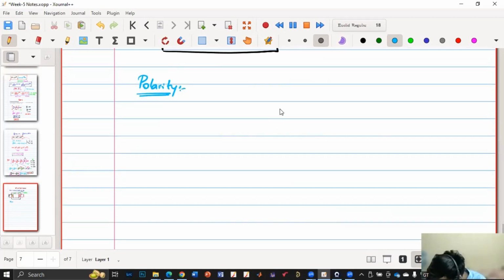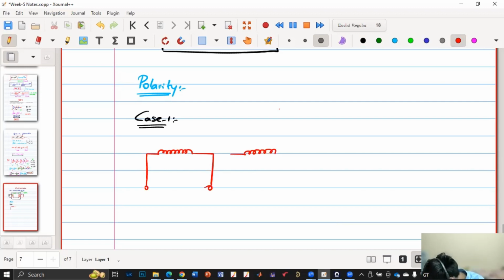Case one: say we have two coils over here, and this is the dot of these two, and the current is i1(t) here, and the self-inductances are L1, L2, with current i2(t), and they also have a mutual inductance M in between.